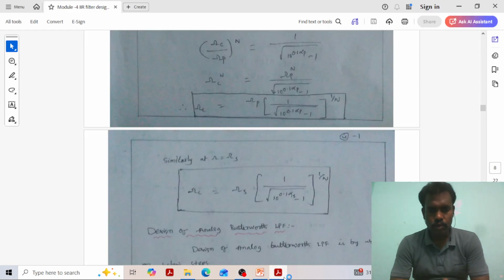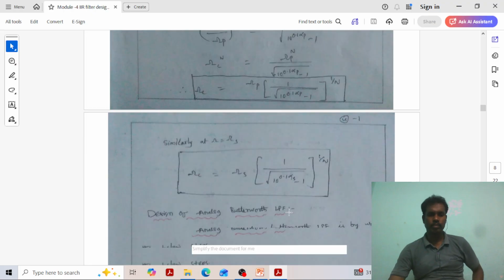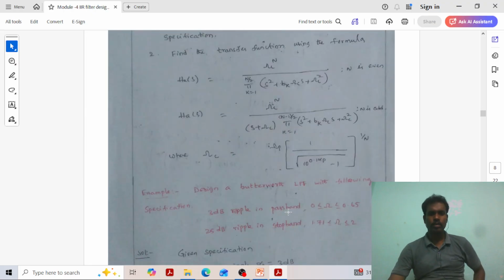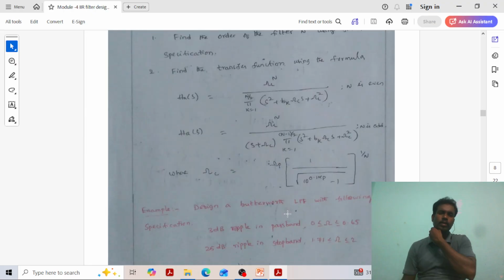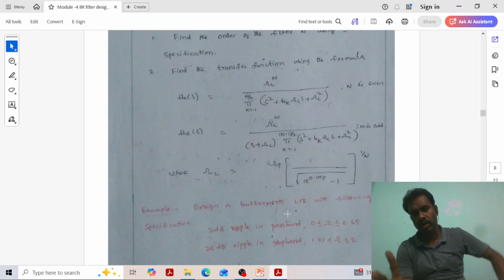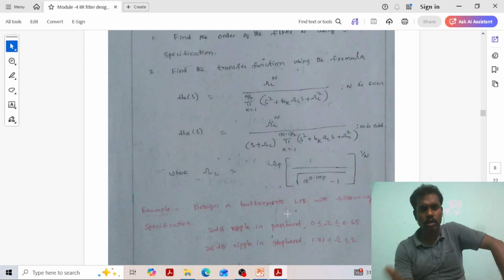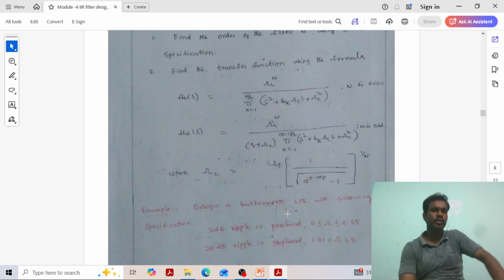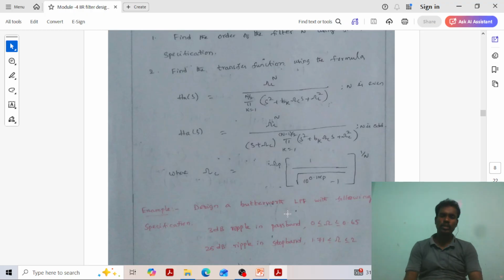Now let us see the design of an analog Butterworth transfer function, the Laplace transfer function. Finally, we have to find two things. One is the order of the filter by using the formula, and second, we want to find the transfer function simply by using the formula omega c power n by the product of second order transfer functions.